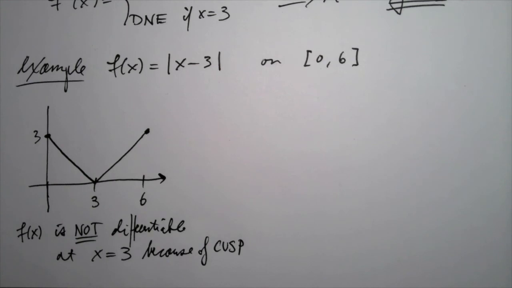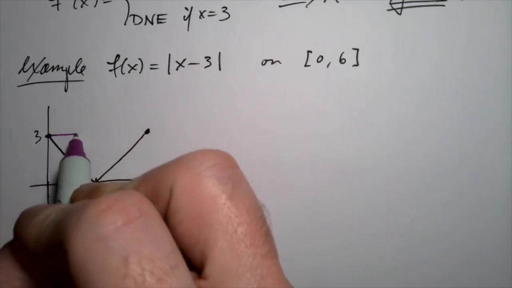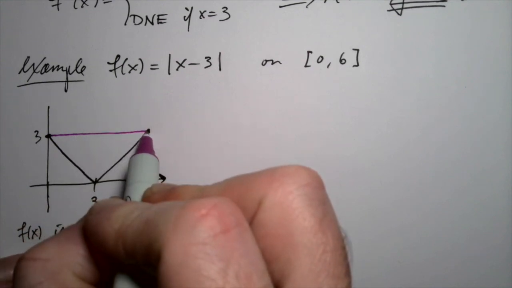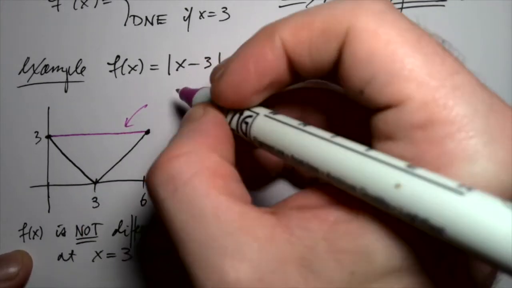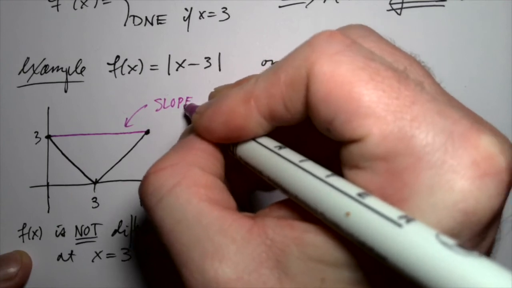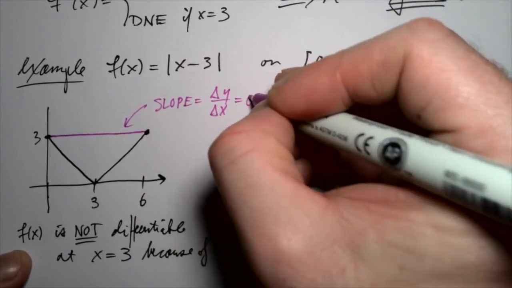Okay, well, what would the mean value theorem propound? Suppose in this case, what would it tell us would happen? In this case, the mean value theorem would be about this secant line, if you like. The slope there, the average rate of change, is 0. Delta y over delta x in this case is going to be 0.